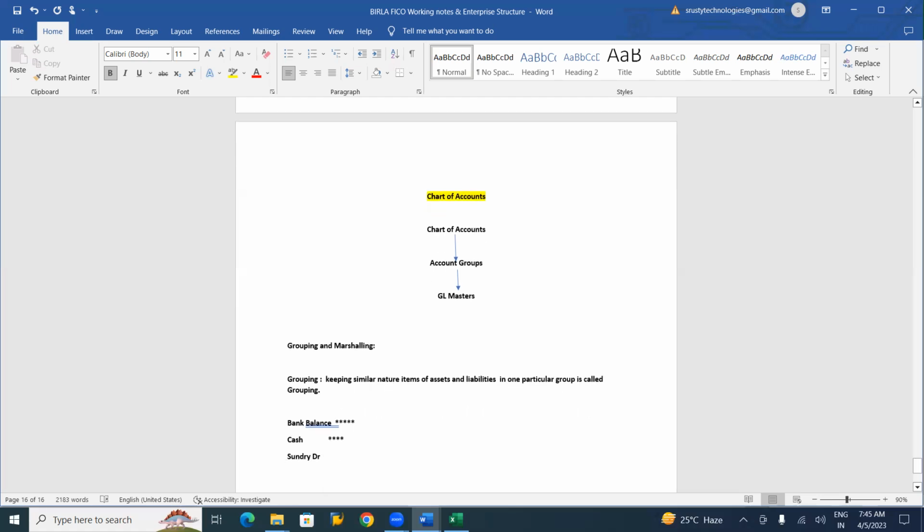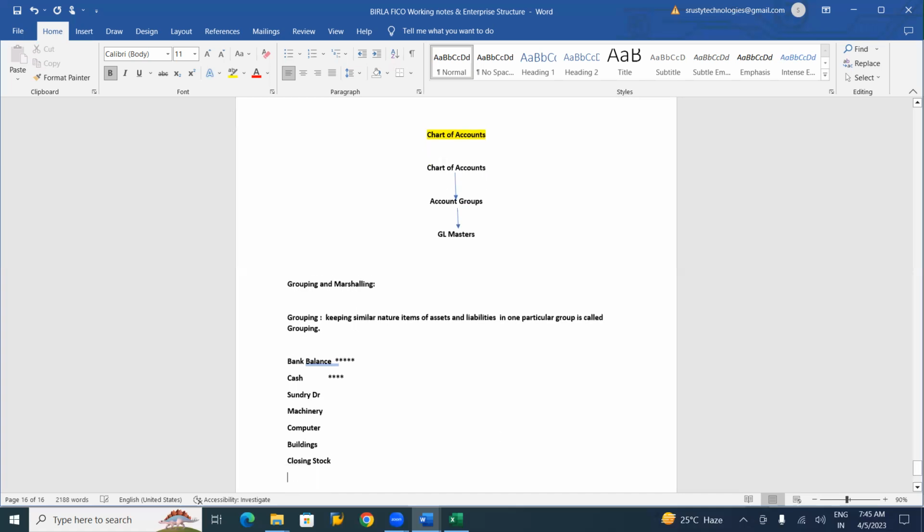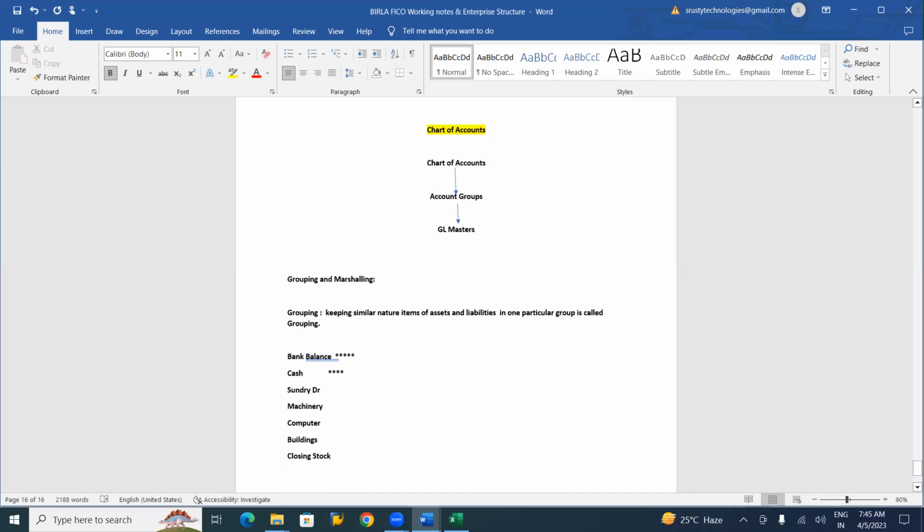Next one, I am having machinery, computer, buildings, closing stock, loans and advances.